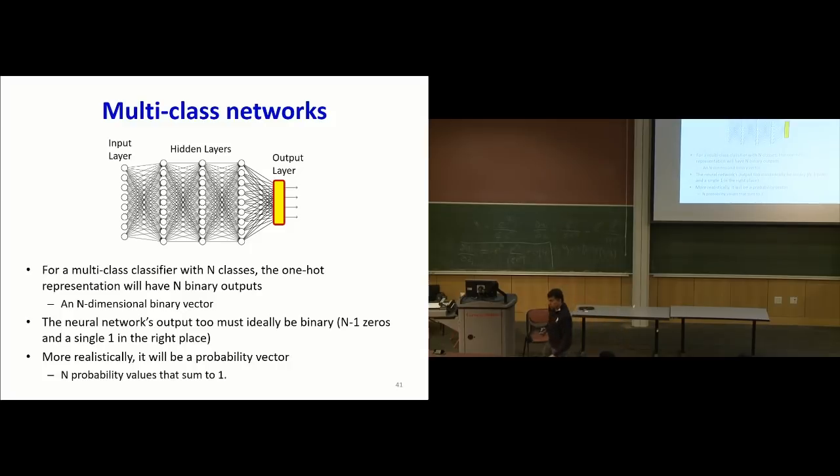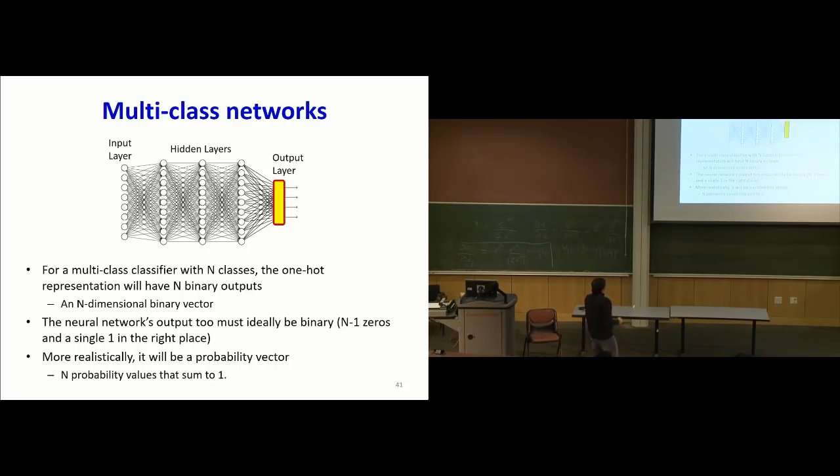The desired output is that these outputs must be 0 for all the outputs corresponding to the non-target classes, and must be 1 for the output corresponding to the target class. In other words, ideally the output must also be one-hot. So if the first output is cat, the second is dog, the third is camel, and the fourth is elephant, and I give you an image of a camel, you want the first, second, and fourth outputs to be 0 and the third output to be 1.